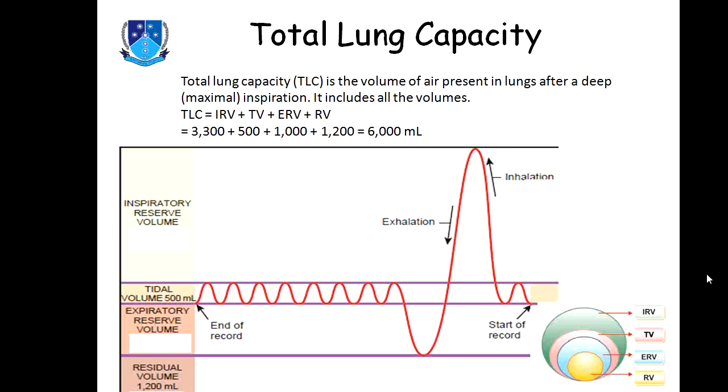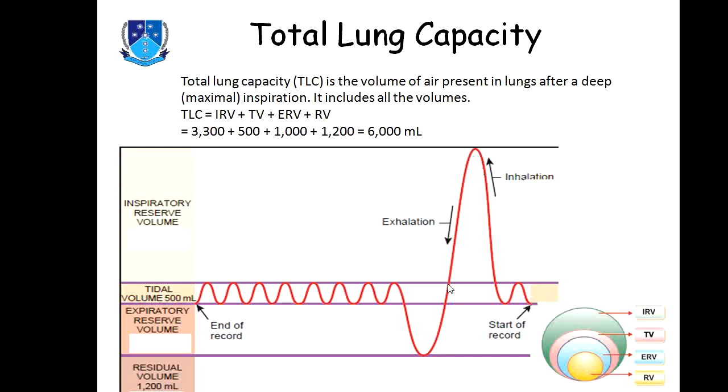In this diagram you can see over here that these waves represent the tidal volume. From this area to this area, this represents the inspiratory reserve volume. This is 3.3 liter.